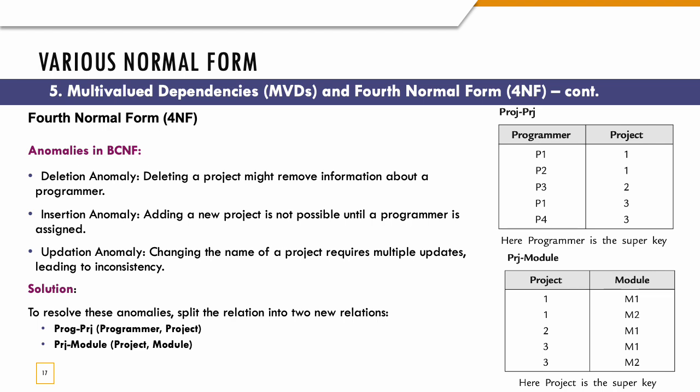Okay, so in BCNF, there are still some anomalies. In BCNF, we sometimes still face what are called data anomalies because of the multivalued dependencies when multiple candidate keys exist. These anomalies include the following: delete anomalies, insert anomalies, and update anomalies. For the delete anomaly, if we delete a project, we might lose information about programmers associated with that project, right?